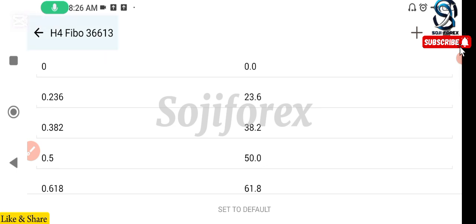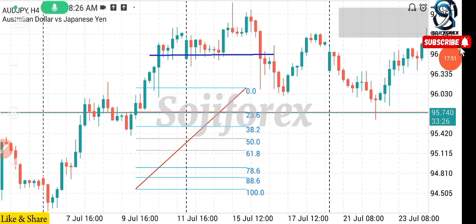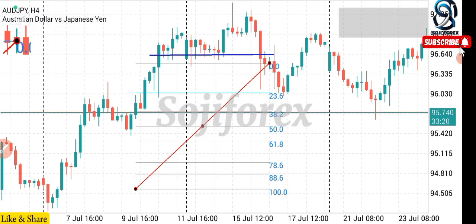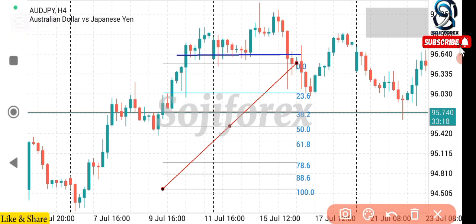So I will go back and then click on save. Can you see now that this line is reflecting? You can see that the figures have changed. Now I am having 100, 88.6, 78.6, 61.8, 50, 38.2, and then 23.6. So these levels are now visible.